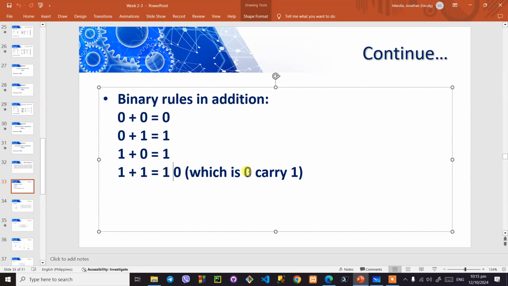Meaning, bring down 0, then you carry the 1. If you carry 1 and there is nothing else in the operation, it's 1 and 0. It's not ten, but 1 and 0, because we are talking about binary here; there's no such thing as a value of 10 or 11. It's 1 and 0 because it's all binary. That's the logic behind your binary rule.